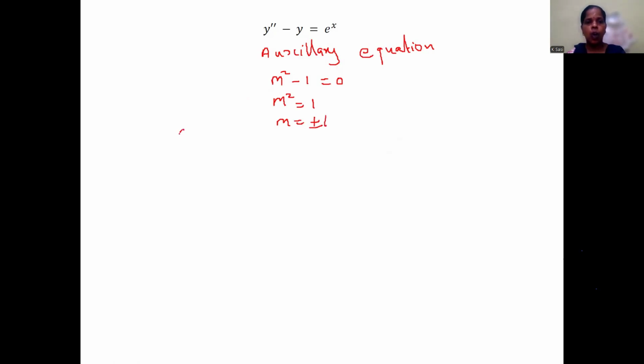So now for the complementary solution, we have to write the formula. What is the formula for this one? Anyone can tell me what is the complementary solution formula?